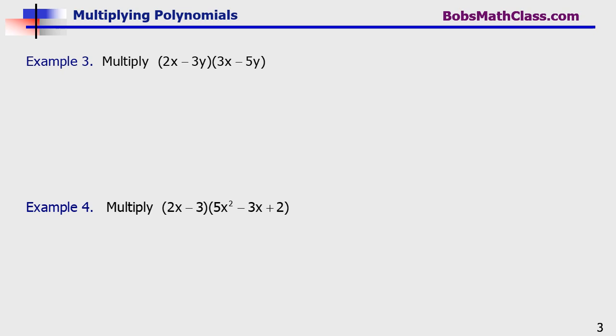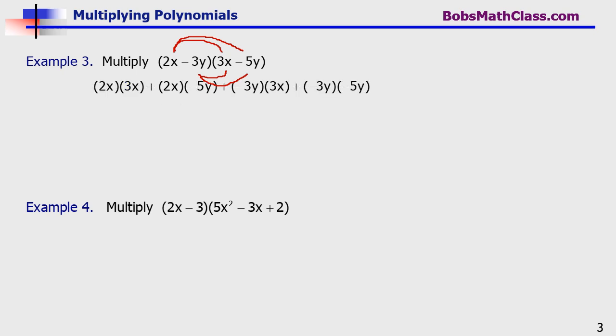Okay, so remember, we're going to do the same thing. 2x times 3x, 2x times negative 5y, negative 3y times 3x, negative 3y times negative 5y.